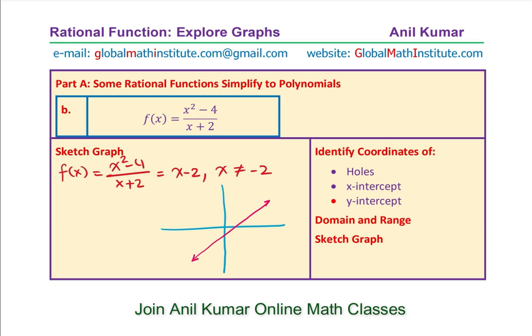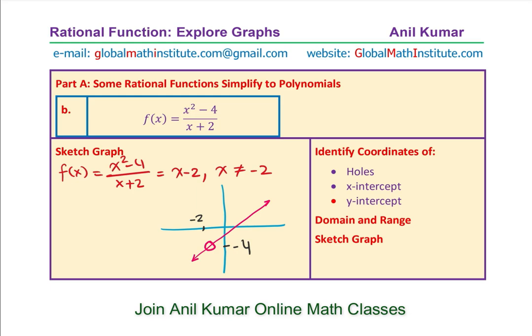However, on this line we have a restriction, and that is at minus 2 we have a hole. So I am deliberately drawing it bigger just to give you an idea that this point is not in the domain of the function. So at x equals minus 2, we have a hole whose y value is minus 4 as we found just now, correct? So that is the hole, right?